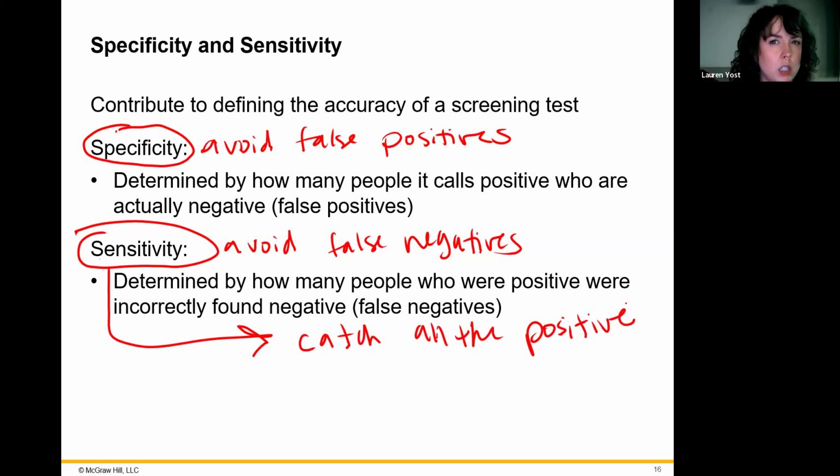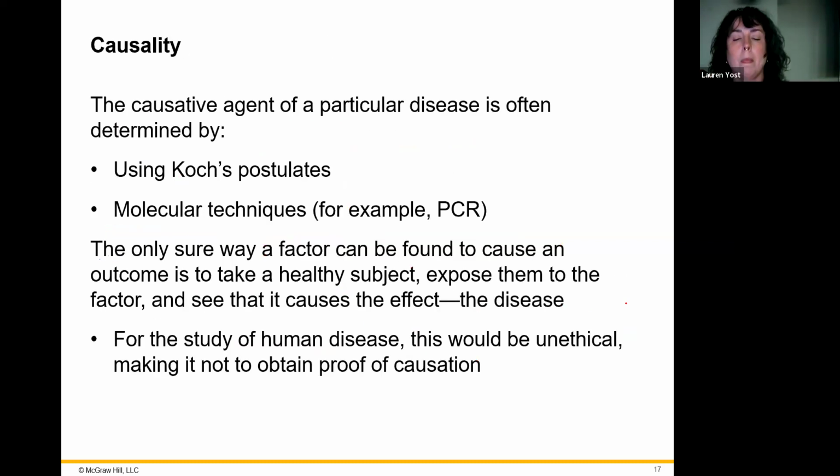If you can remember that sensitivity means we're so sensitive, we'll catch all the positives and won't miss a single one, then you can compare the two just by knowing that one. If you have a hard time with it, okay?